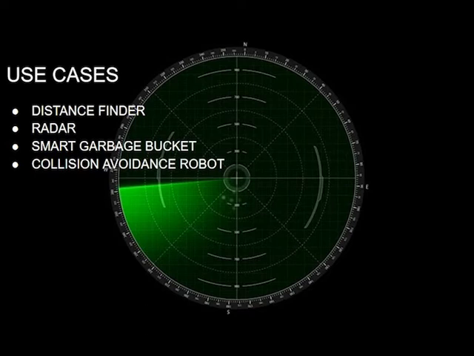We can make a distance finder from the sensor. It uses the equation given in the previous slide to determine the distance of the obstruction from the sensor. The distance measured can be as long as 250 cm with an accuracy of 3 to 4 mm.